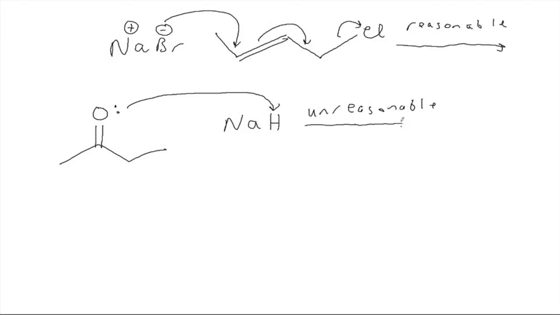I don't think I've drawn this example before of NaH, but because sodium is a metal and hydrogen is a nonmetal, we would expect there to be a negative charge here, and we know it's not reasonable for arrows to point towards negative charges. So that's good that you saw that here. So this is unreasonable. This is why it's always important to draw in formal charges in ionic bonds. We have to draw in that formal charge to see that that arrow is unreasonable. Good. Okay.